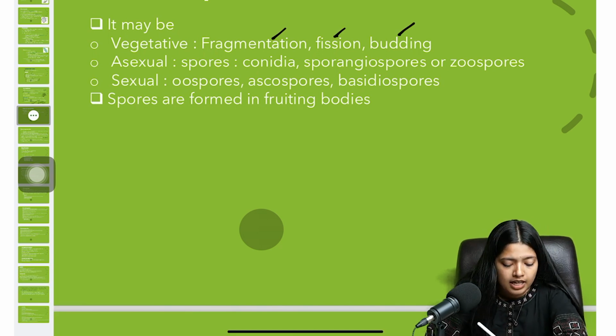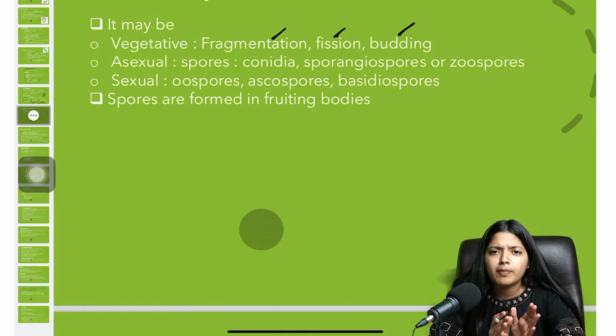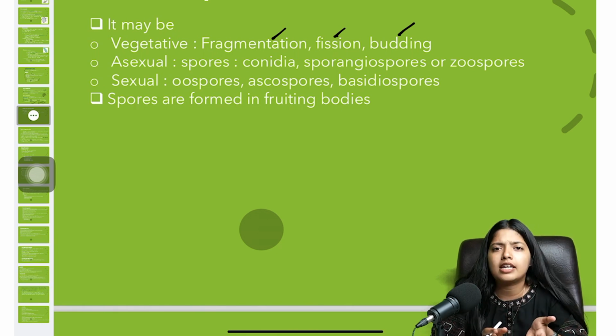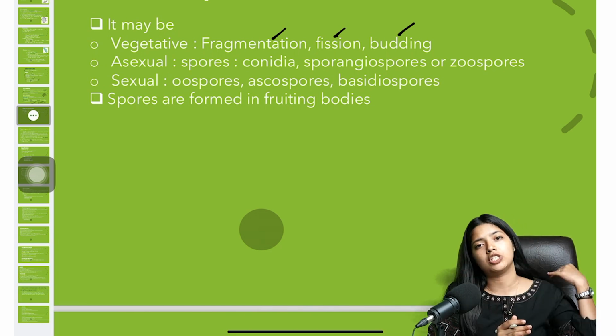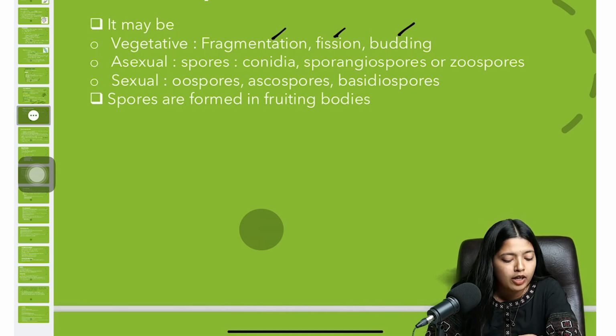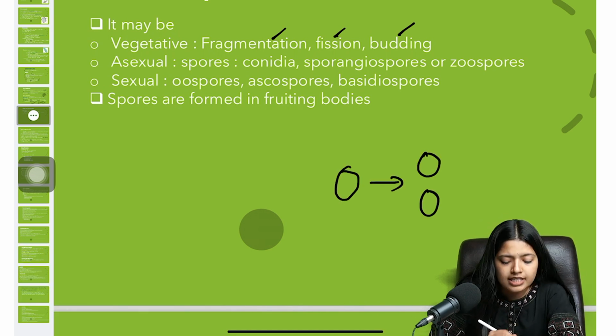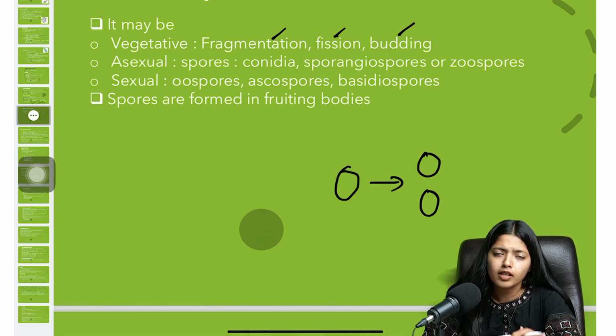Fragmentation means a small piece of the body part is taken and it will grow into a new individual. A fragment will develop into an individual. Fission means one cell divides into two or more cells.